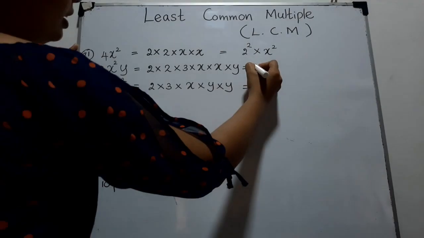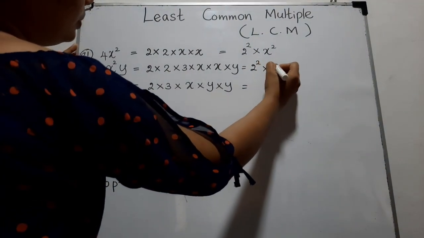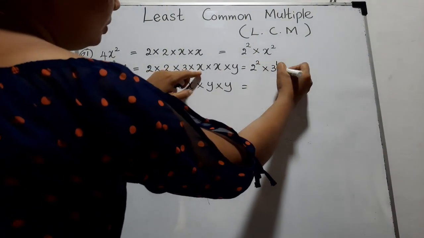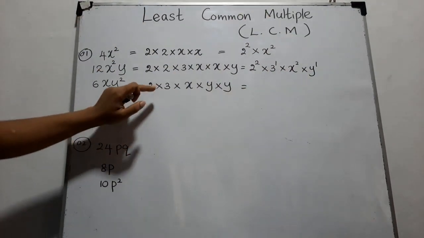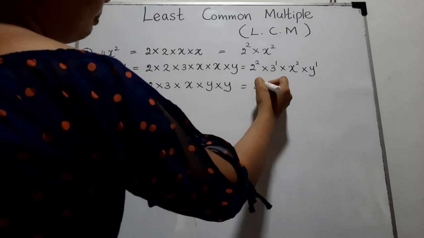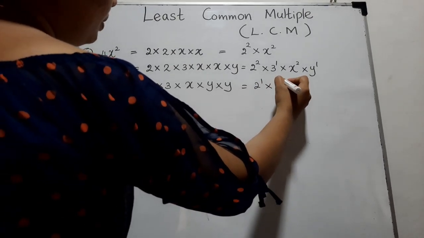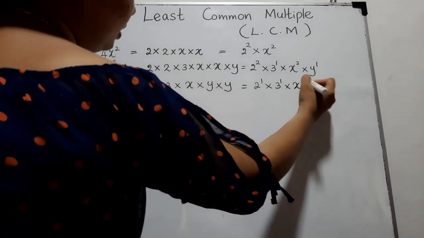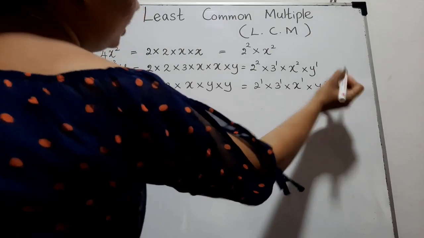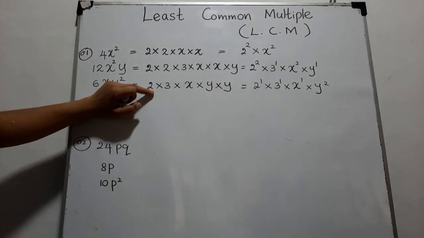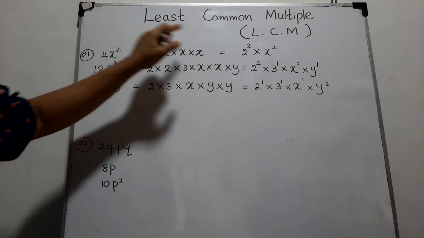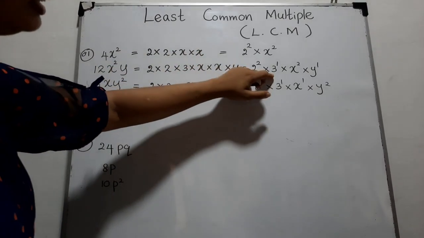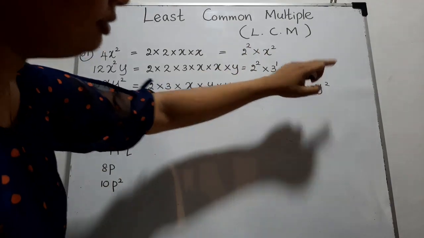Then here 2 to the power 2 into 3 to the power 1 into x to the power 2 into y to the power 1. Here 2 to the power 1 into 3 to the power 1 into x to the power 1 into y to the power 2. Now these have distinct factors of 2, 3, x and y.